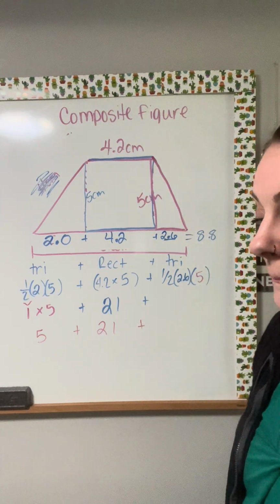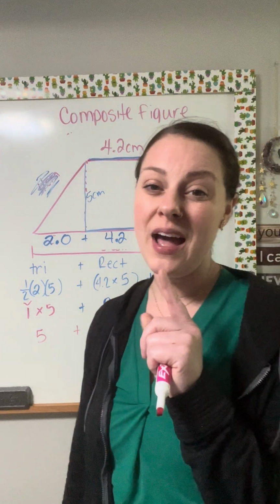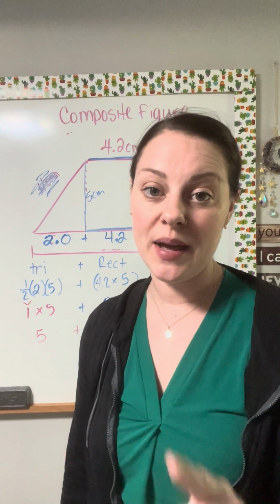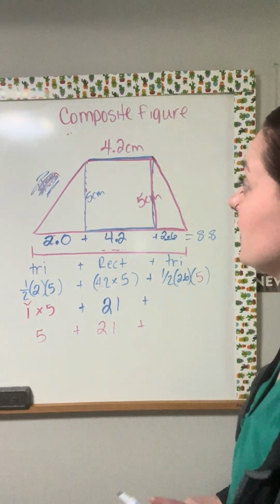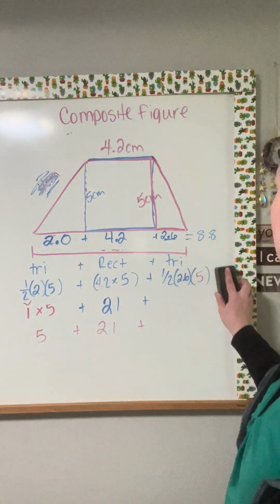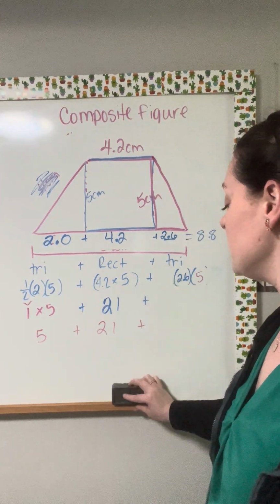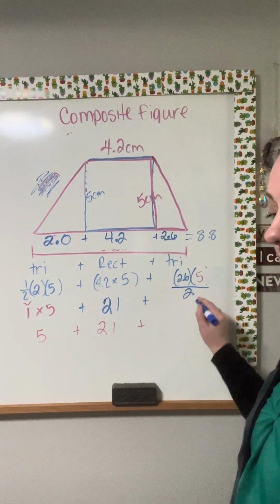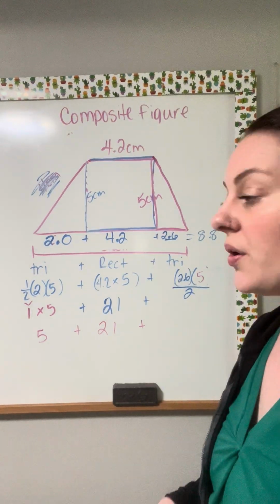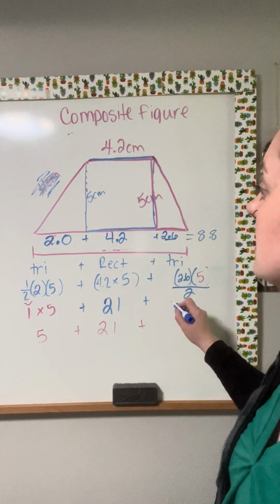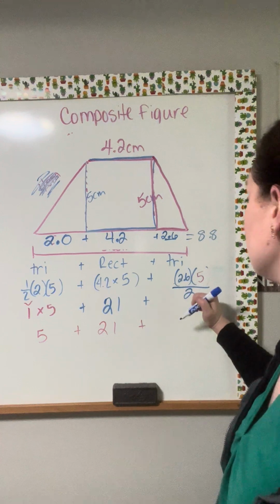Okay, now, I do know what half of 2.6 is, but I don't want to teach you bad habits. So we're just going to multiply it together. So I'm going to switch this to divided by 2. Okay, so you end up getting 13 over 2.